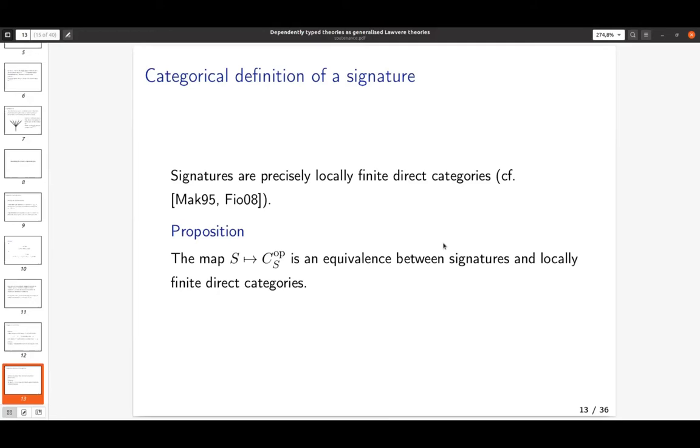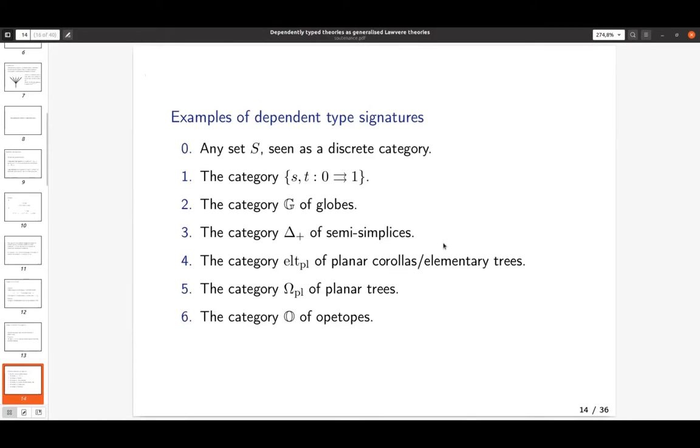So this allows us to define a type signature, or to recognize type signatures in the wild, simply by recognizing locally finite direct categories.